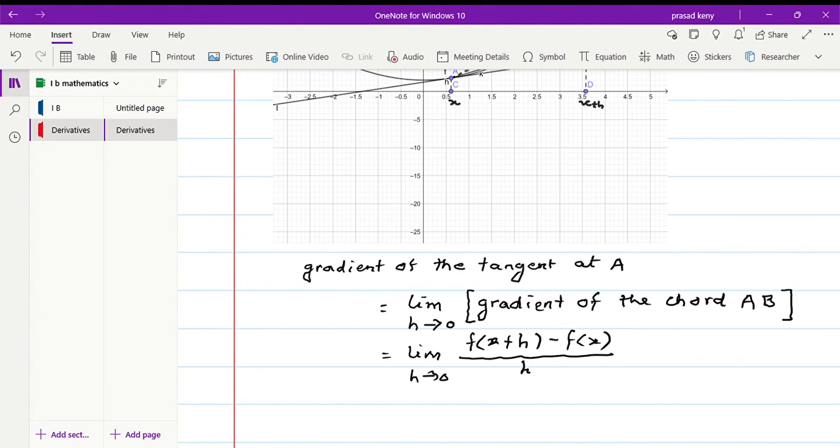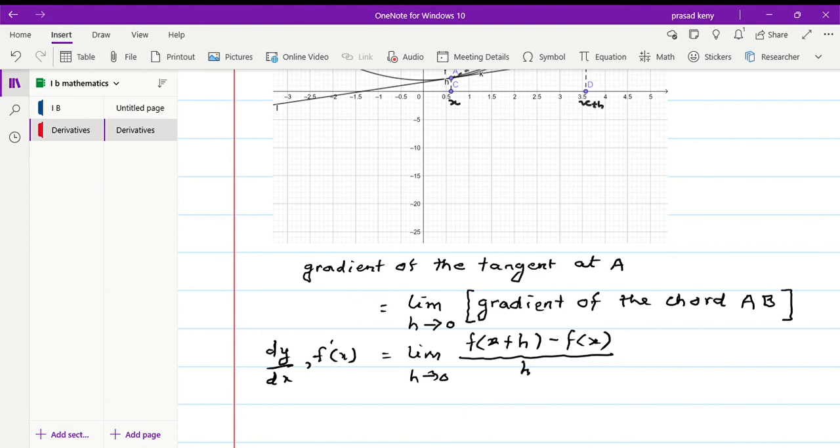But by the definition of the derivatives, the gradient of the tangent at A is the value of the derivative at A. So I will write this as f dash x or even dy by dx. So this is called the definition of the derivatives.